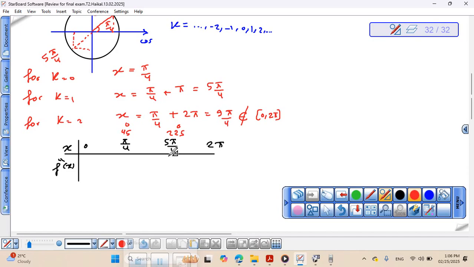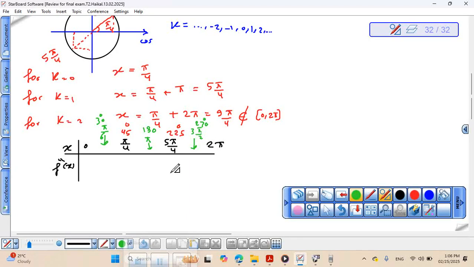We can select any checkpoint to check the sign of the second derivative: maybe pi over 6, 30 degrees, or between them 3 pi over 2, which is 270 degrees.